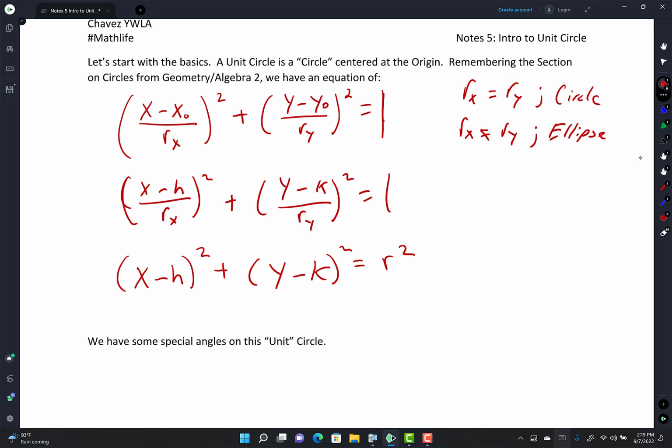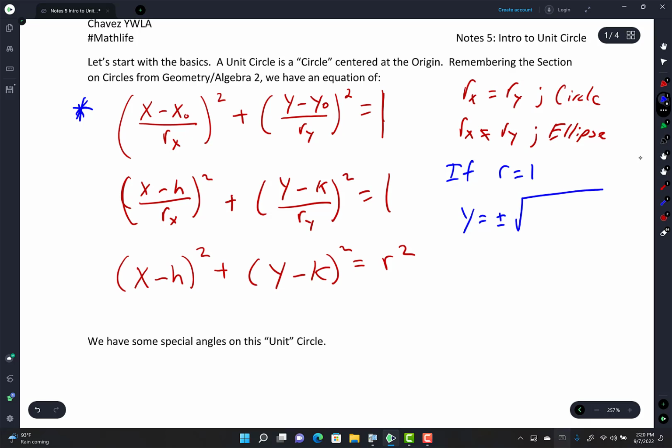If the radius is 1, maybe you've seen it this way. I'm going to change the color. If R equals 1, you don't have to write them all down. You just need to write like this one, and all the others are derived from that. If R equals 1, maybe you saw it like this: y equals plus minus square root of 1 minus x squared.